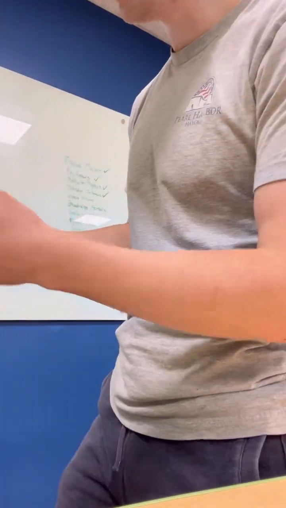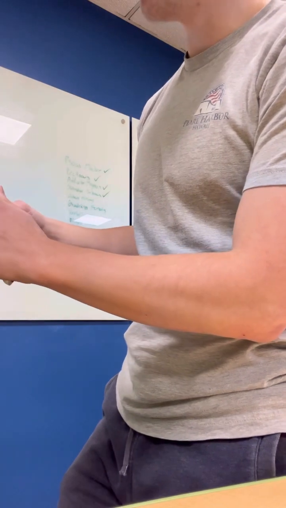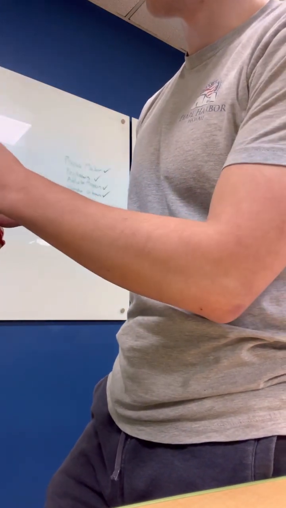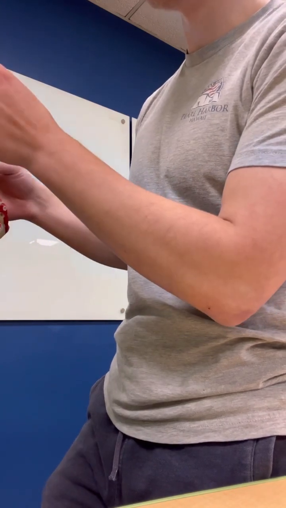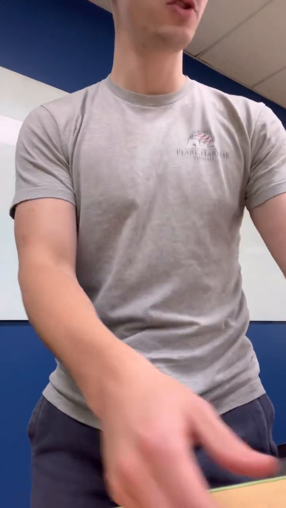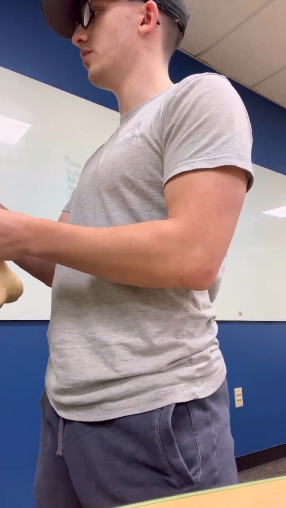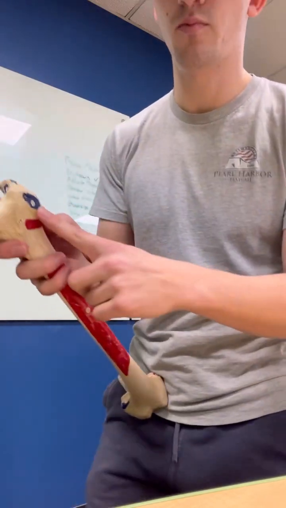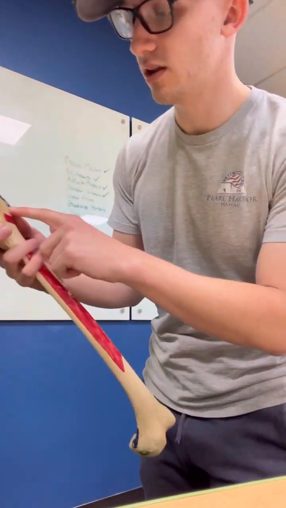The origin for the gluteus minimus, which is right here, number 2, is the anterior gluteal line, between the anterior gluteal line and the inferior gluteal line. That's the origin. The insertion is the anterior greater trochanter, which is on the femur, right here, number 3.